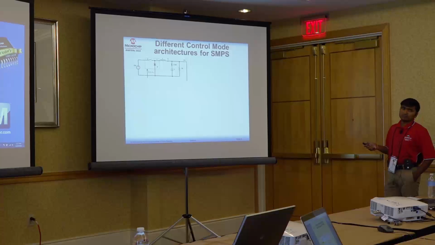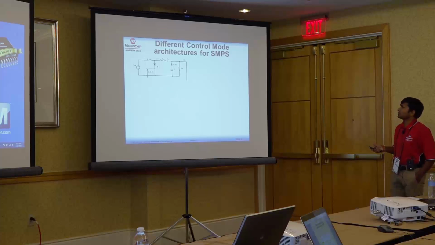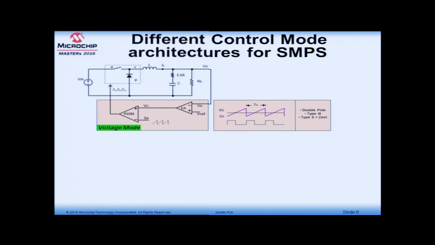For providing the regulated output at the output node, we use different control mode techniques. One popular technique is voltage mode control, which has been around for a long time. In voltage mode control, the output voltage is sensed and compared with a reference voltage to generate the error signal.